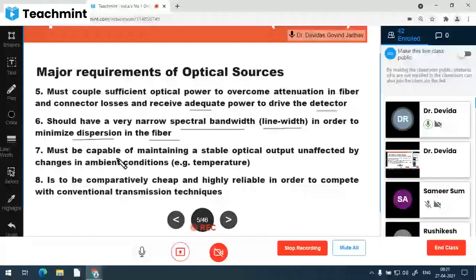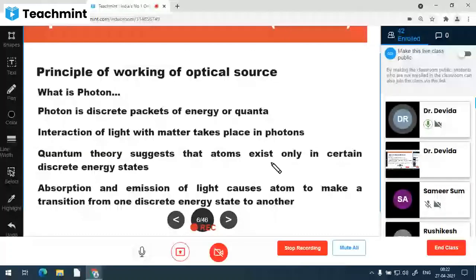The source must be capable of maintaining stable optical output against ambient conditions like temperature. It is to be comparatively cheaper, cost effective, and highly reliable in order to compete with conventional transmission techniques.